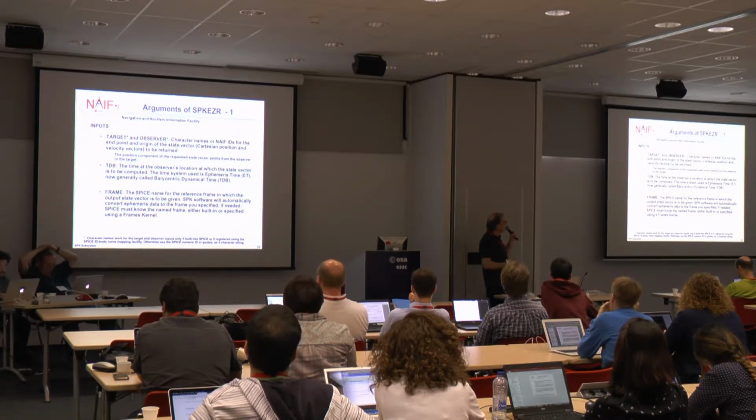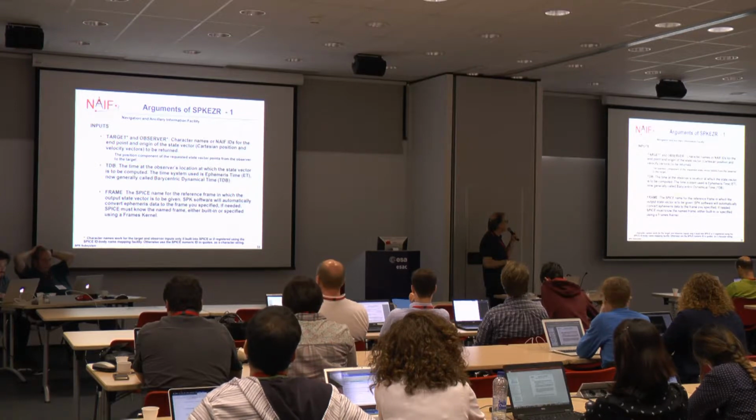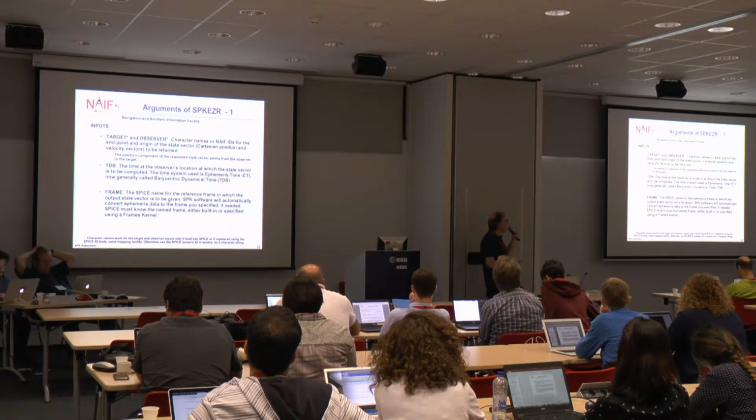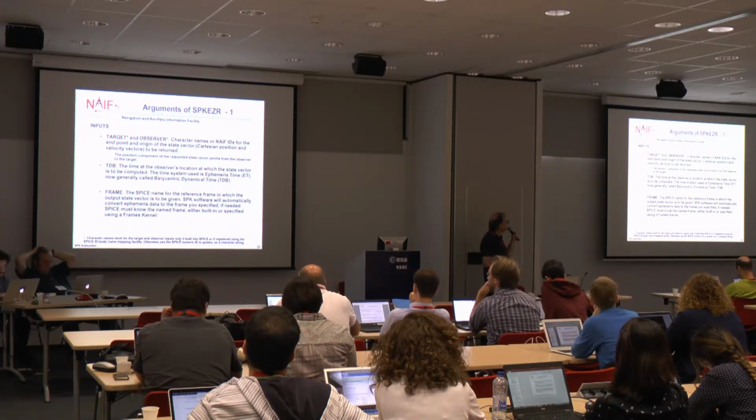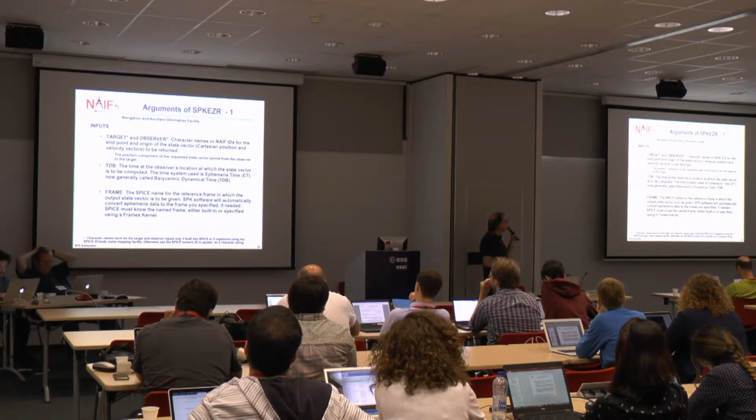If reception aberration corrections are used, the time at the target is going to be earlier than this input time, because the position of the target will be that at the time that it emitted photons, which will be sometime before the observation time. And if we're doing transmission corrections, the time at the target will be later than this TDB time. So this time is always associated with the observer.